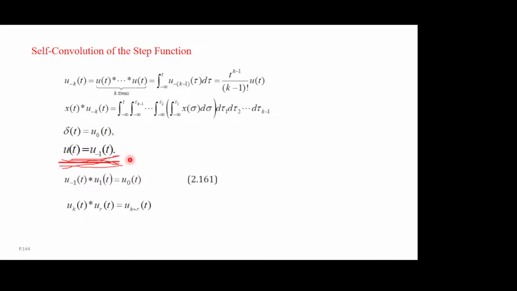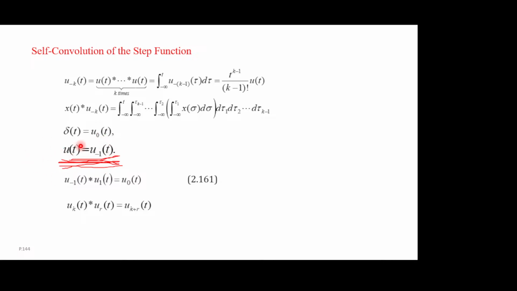And now we have a very confusing notation here. So u of t, if you are talking about the u sub k family, is u sub minus 1 because it corresponds to integration. Okay, so this is a little confusing notation, but that's just what happened.